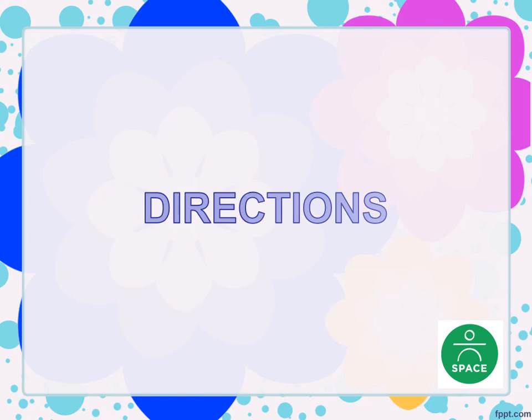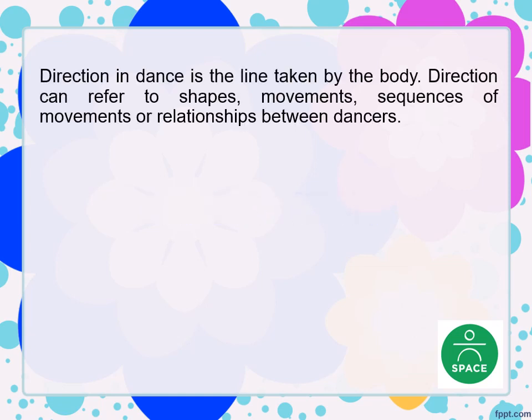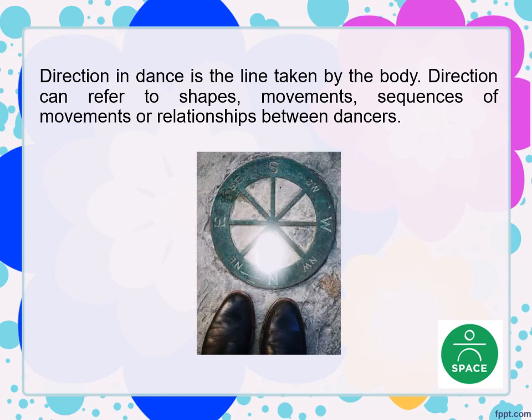Directions. Direction in dance is the line taken by the body. Direction can refer to shapes, movements, sequences of movements, or relationships between dancers. The directions that dancers move in and face are also factors in choreography. Having the dancers face front or towards the audience for an entire dance might be uninteresting.